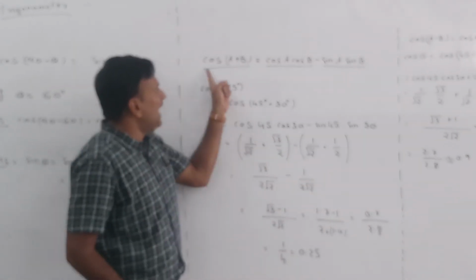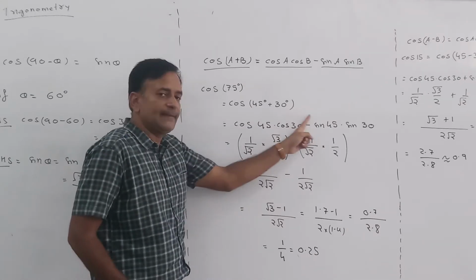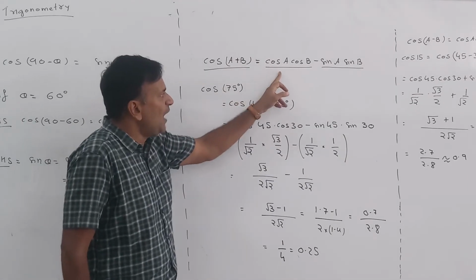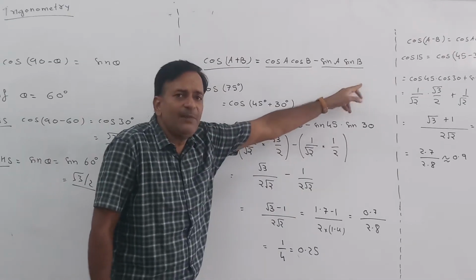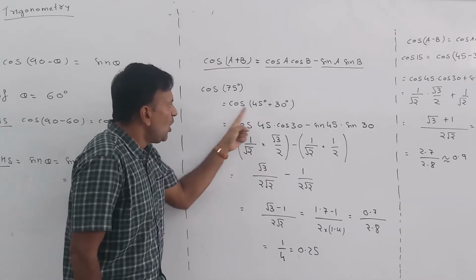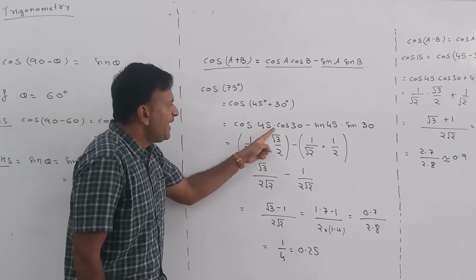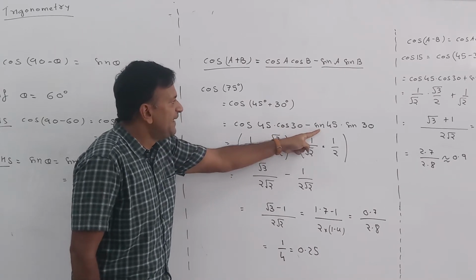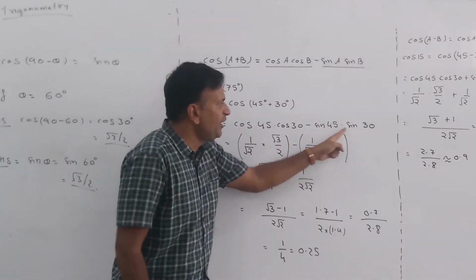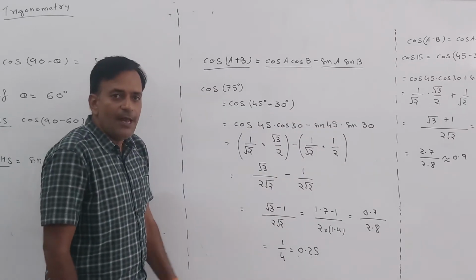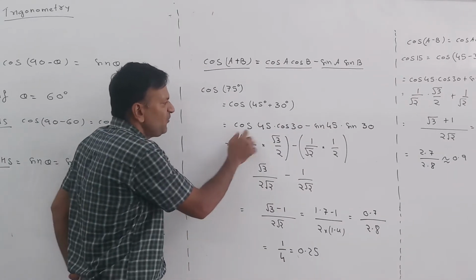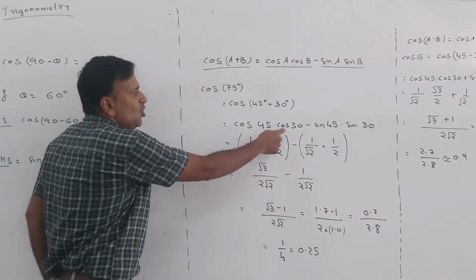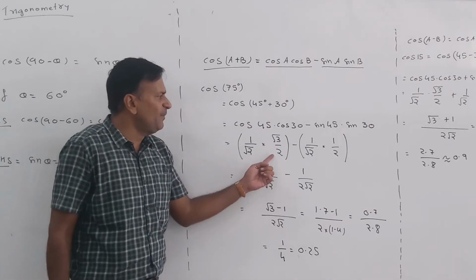Applying the formula for this: cos A cos B minus sin A sin B. So this becomes cos 45 into cos 30 minus sin 45 into sin 30. Now put the values. Cos 45 is 1 by root 2. Cos 30 is root 3 by 2.